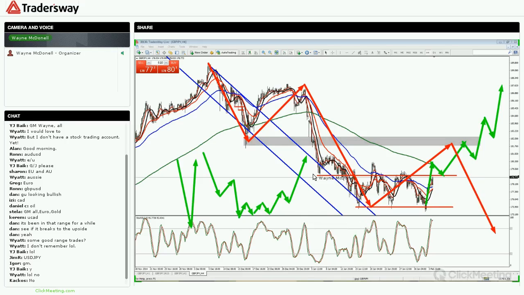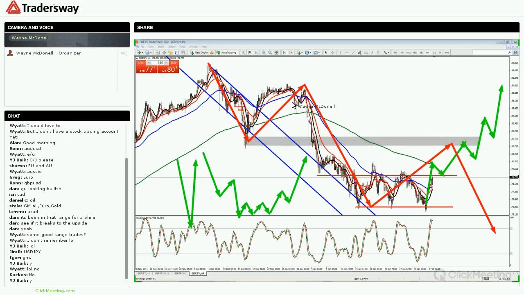That's the 4 hour. So you look at that and you pay attention to price action now on a smaller time frame. Should you pay attention to where the 200 EMA is on the 4 hour? Yeah. Now, I generally see the 200 EMA as a target, not an entry point.